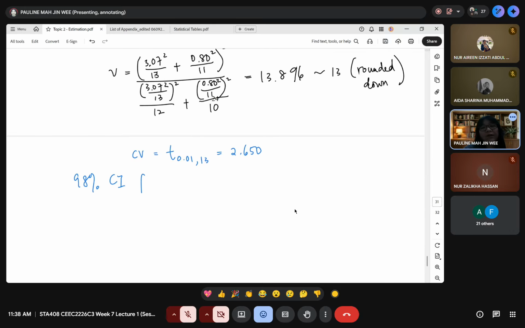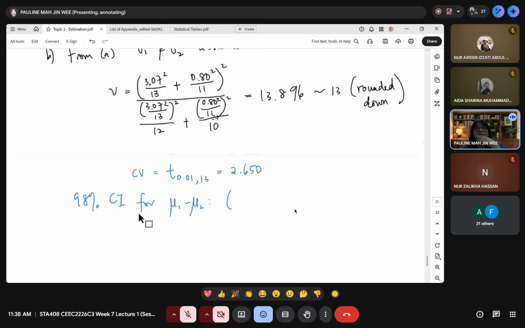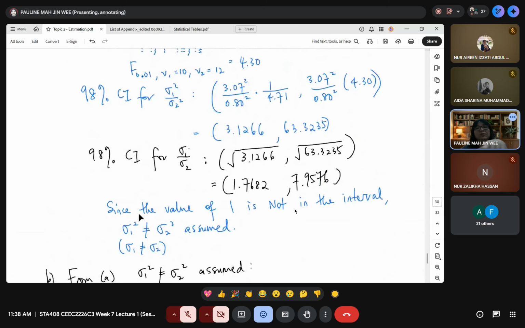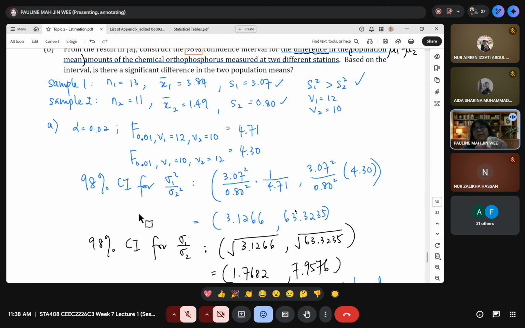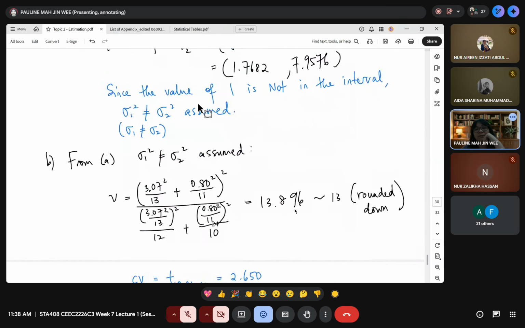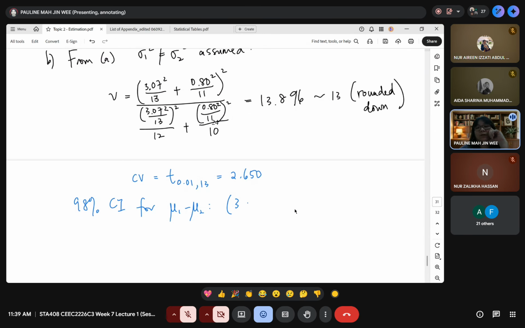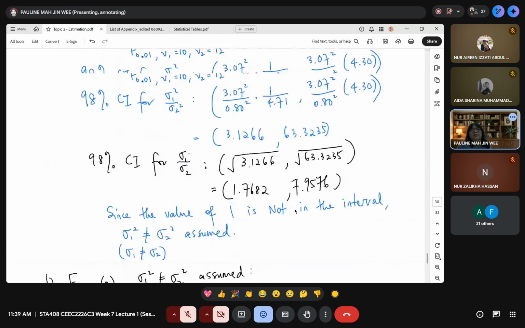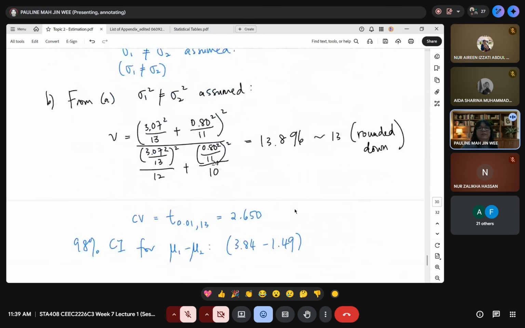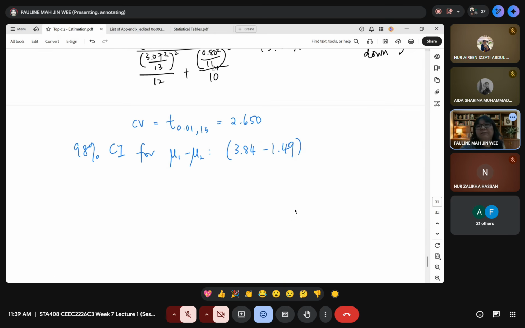98% CI for mu1 minus mu2 here. We're going to take x bar 1 minus x bar 2, right? Because we start with mu1 minus mu2. So x bar 1 minus x bar 2 will be 3.84 minus 1.49, plus minus 2.650.